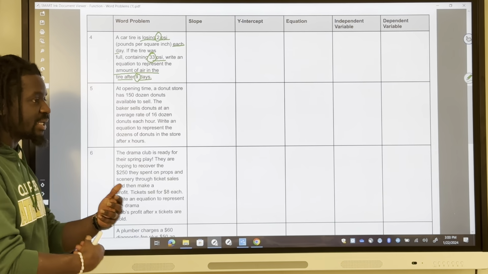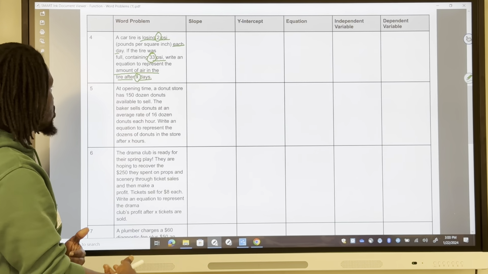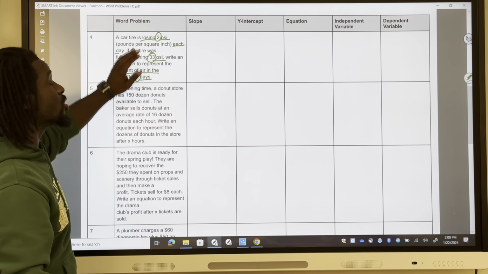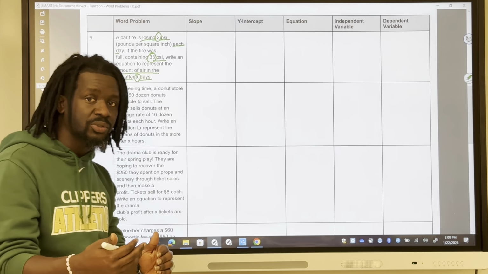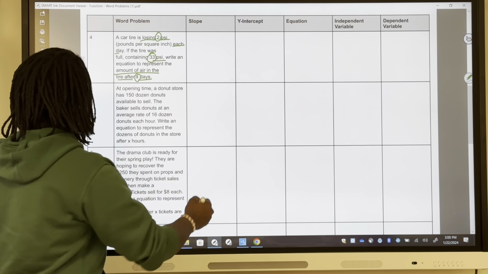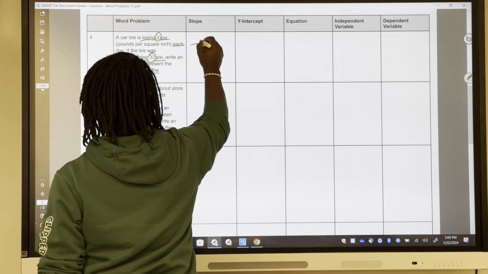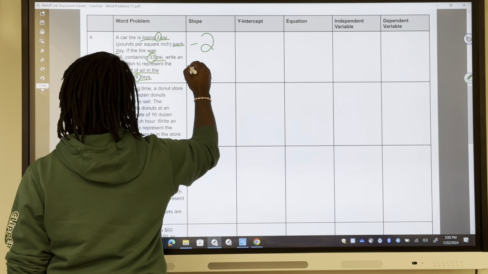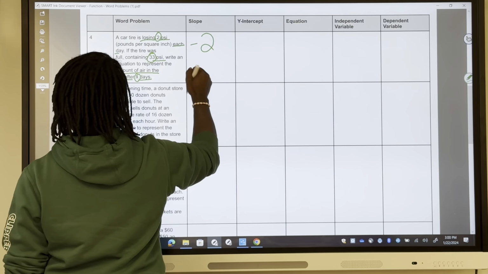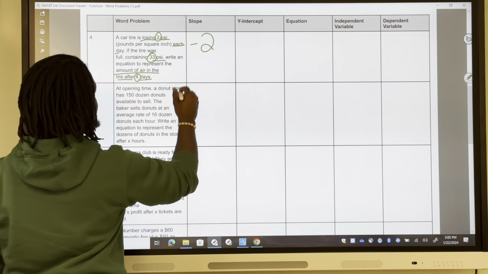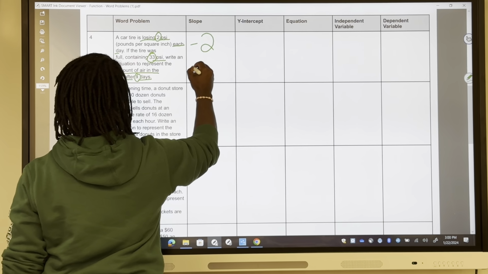What is the rate of change? Okay. What's changing? Well, what's changing is that this car tire is losing 2 psi each day. So the slope is -2. Okay. And again, it is losing 2 psi. It's a -2 because it's losing, right? That's being taken away. And it's losing that each day.